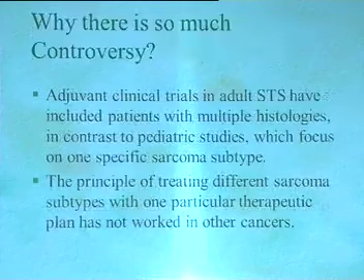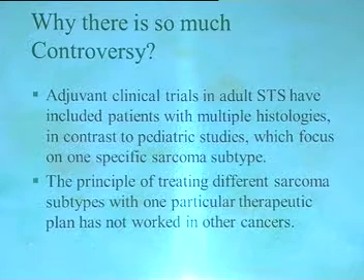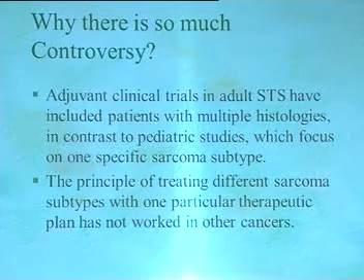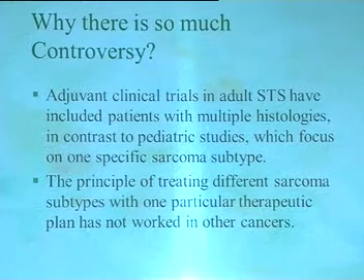The reason why the controversy is there is because all the trials tend to include all soft tissue sarcomas in one basket, and then the question is asked, is it bringing any benefit or not?